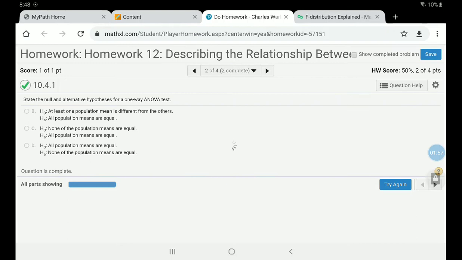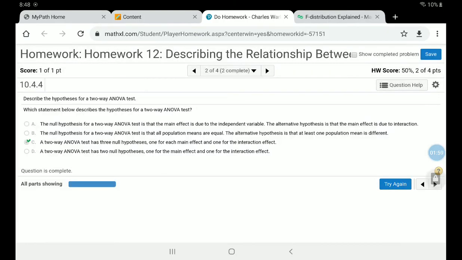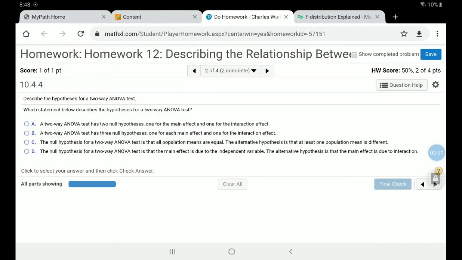Number 2. Number 2 says this: describe the hypothesis for a two-way ANOVA. Now on a two-way ANOVA, we think that there are 2 different effects that make some sort of reaction to a third thing.